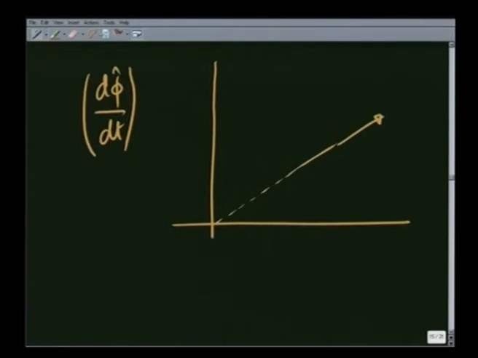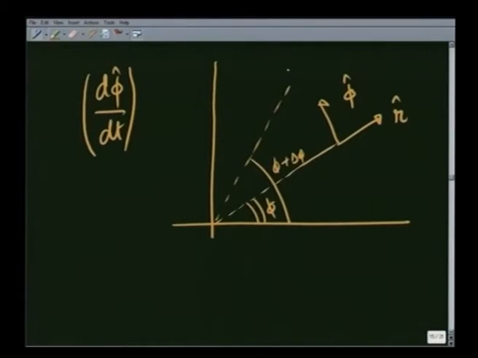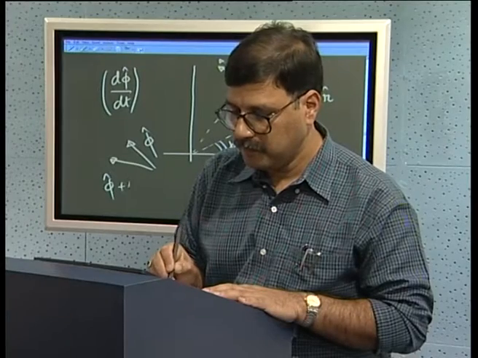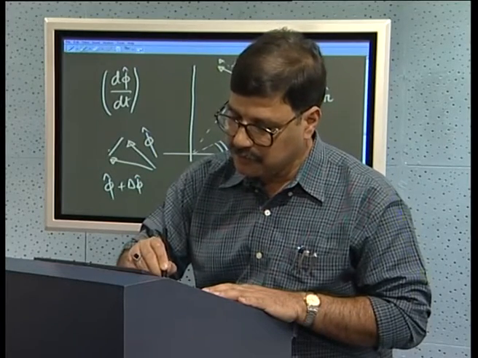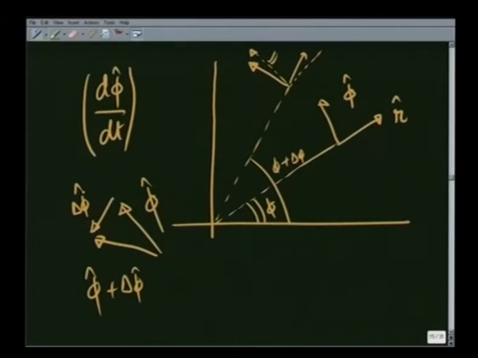this was my r unit vector and this is the phi unit vector. When I move to a new position, this was phi, this is phi plus delta phi. Both unit vectors have also moved from their original direction by angle delta phi. This was my original phi. So, original phi was something like this, which is this vector, and the new phi is like this, and this is the change delta phi in the unit vector.